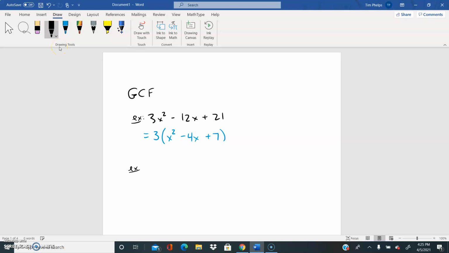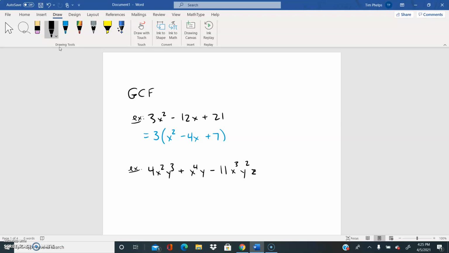If I expand on this a little bit, let's look at something like 4x squared y to the third plus x to the fourth y minus 11x to the third y to the second, and we'll throw in a z in there.